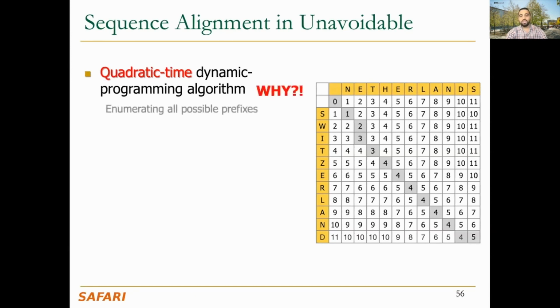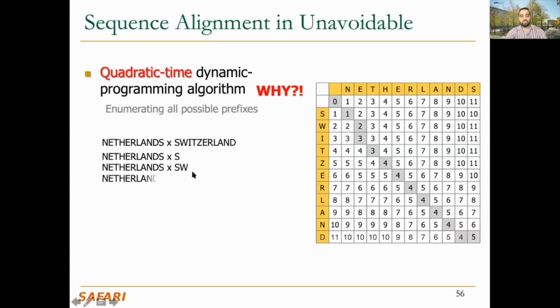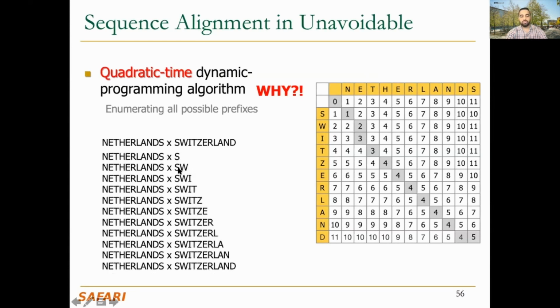And why do we need it? We cannot avoid using the dynamic programming algorithm because it gives us very nice advantages. When we compare two words, you are comparing the first character with the full word, the first two characters with the full word, the first three characters with the full word, and so on. So now you can see a lot of repeated operations happening.